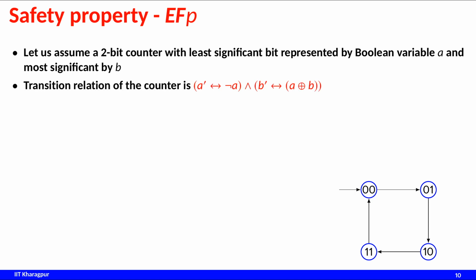So we can create a circuit that represents this 2-bit counter in this manner. The least significant bit gets toggled at every clock, and the Boolean function for the second latch will be A XOR B, which you can figure out.